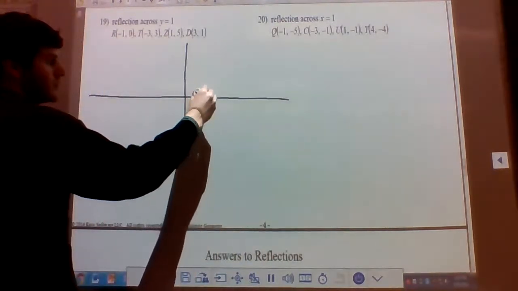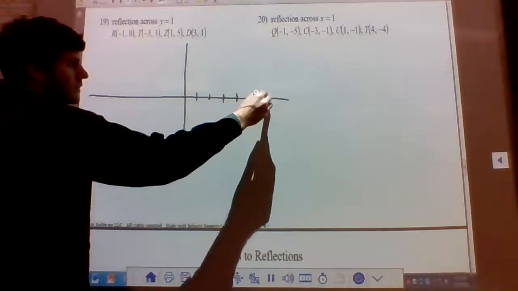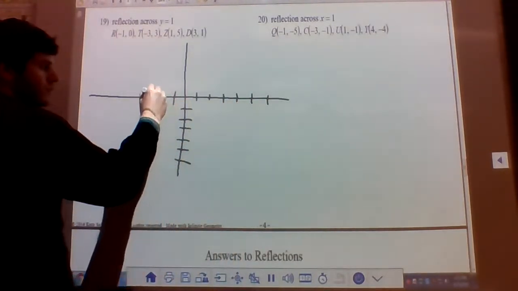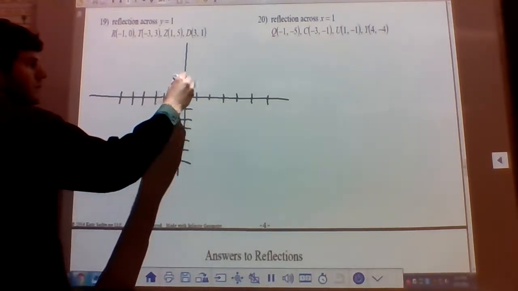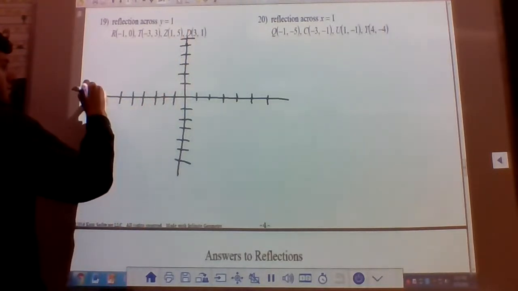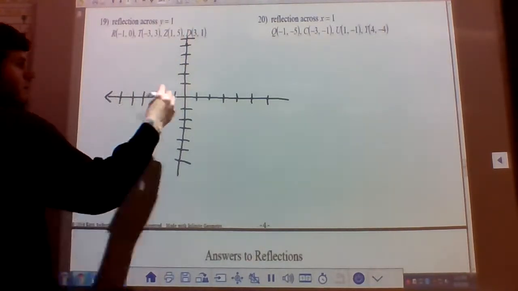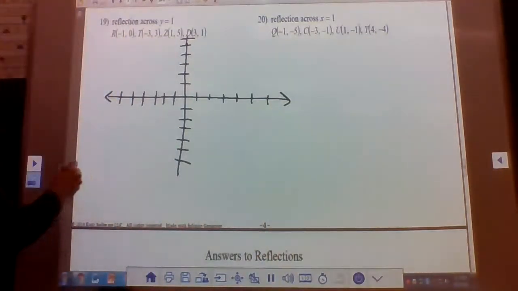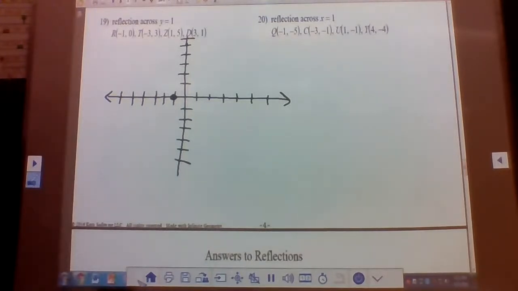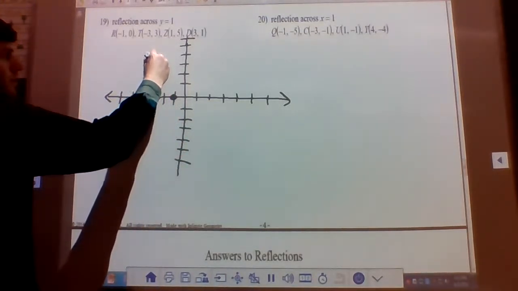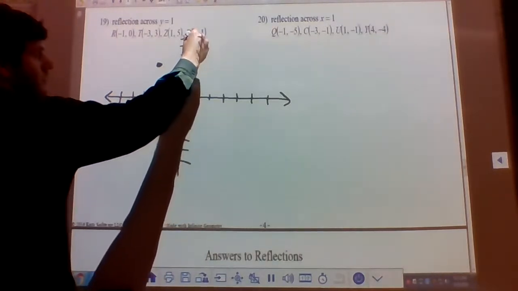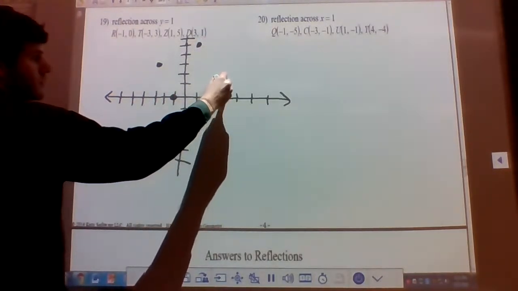Let's go 1, 2, 3, 4, 5, 6 in each direction. Let's plot our points here. So we have -1, 0. We have -3, 3. We have 1, 5. And we have 3, 1. So here's our points.